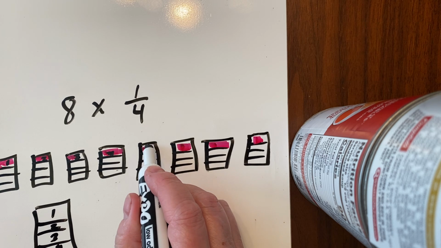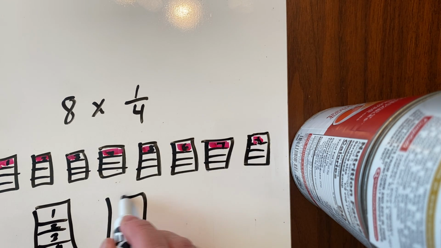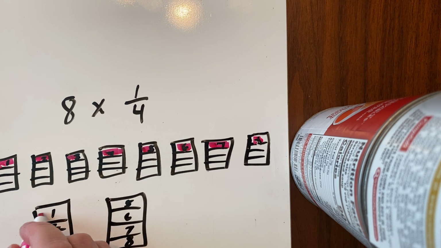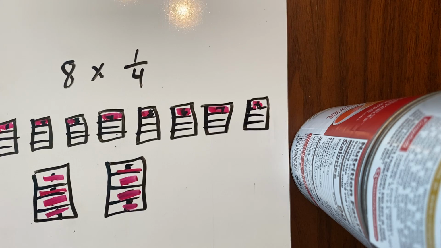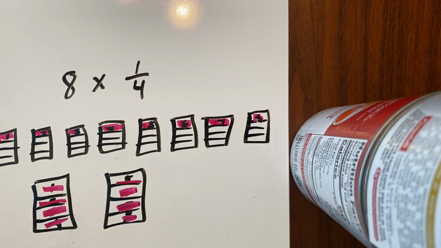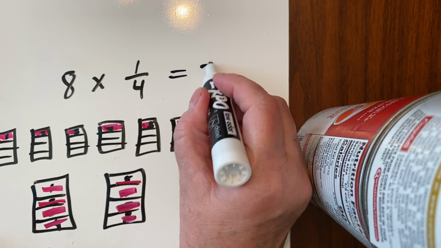And then I can do 5, 6, 7, 8. So I can do another cylinder right here. And notice now, all I did was take all of the pink sections and recombine them into cylinders. And that's going to give me 2 complete cylinders. So 8 times 1/4 must equal 2.